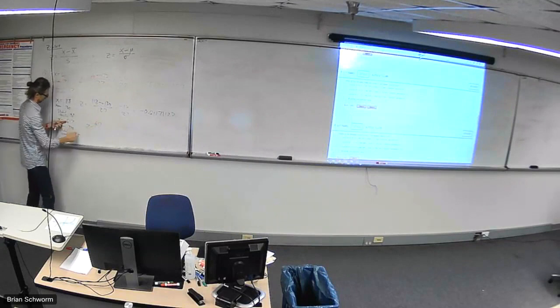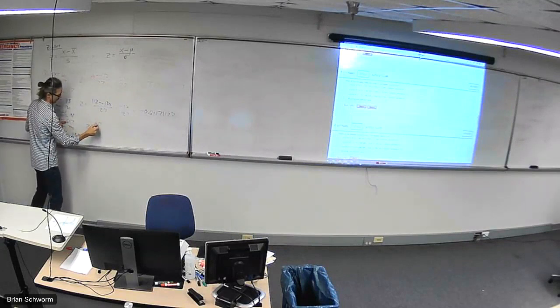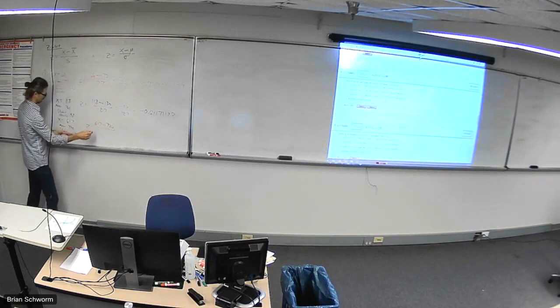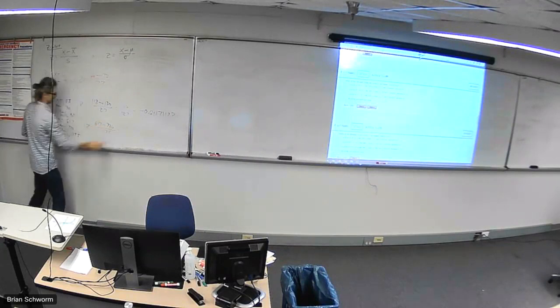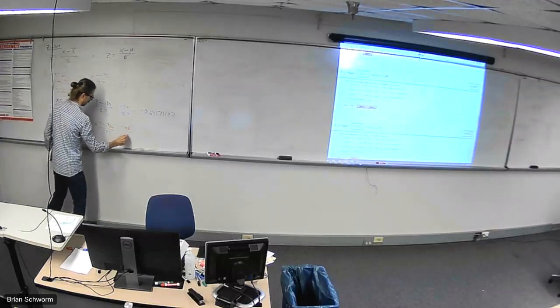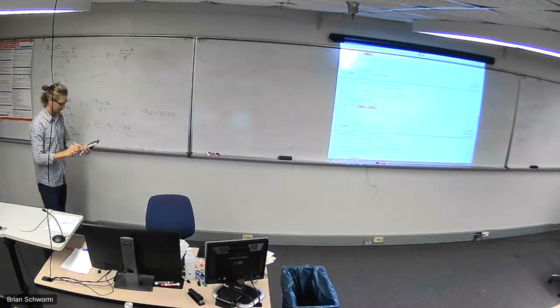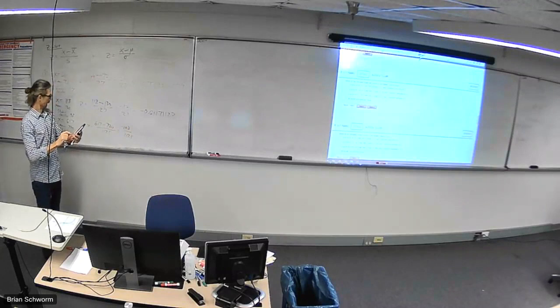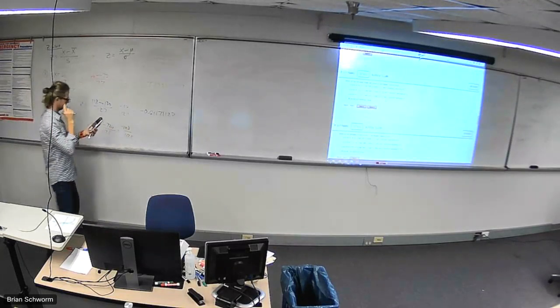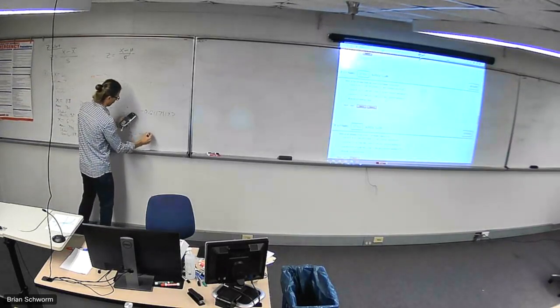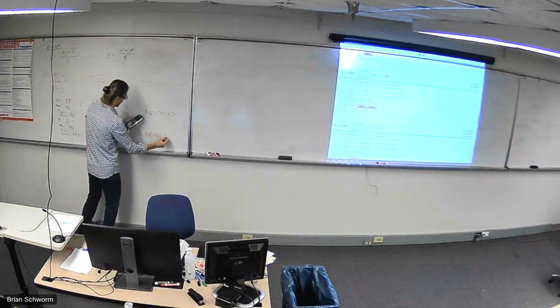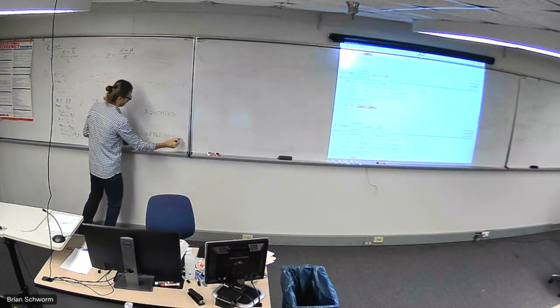The score of interest 617, mean 720, divided by the standard deviation 117.5. It's negative 103 over 117.5. Negative 103 divided by 117.5 is negative 0.8765974.